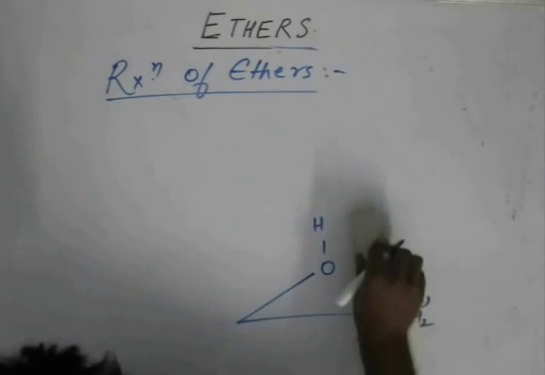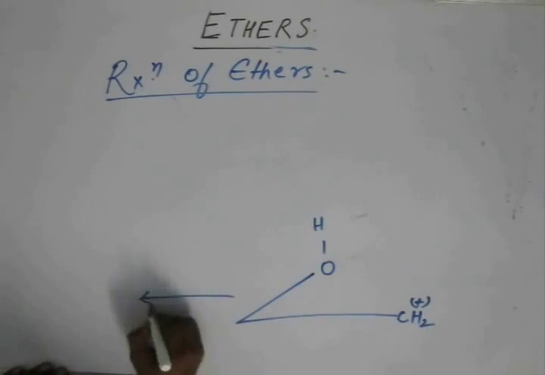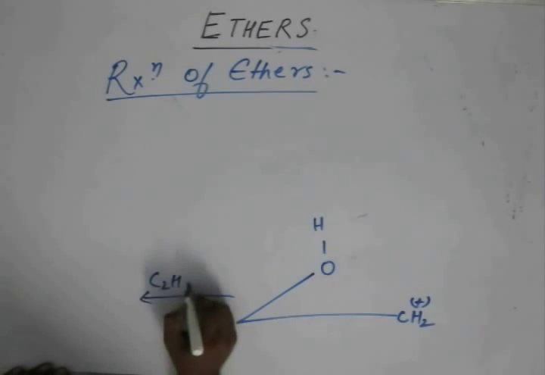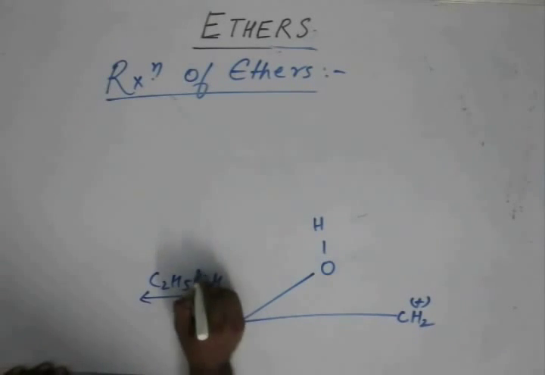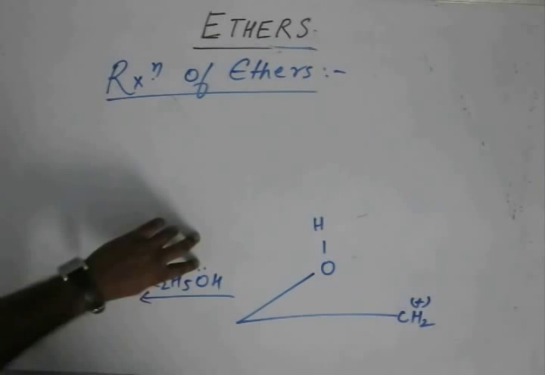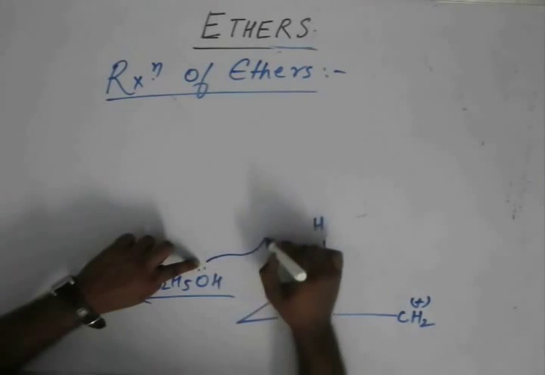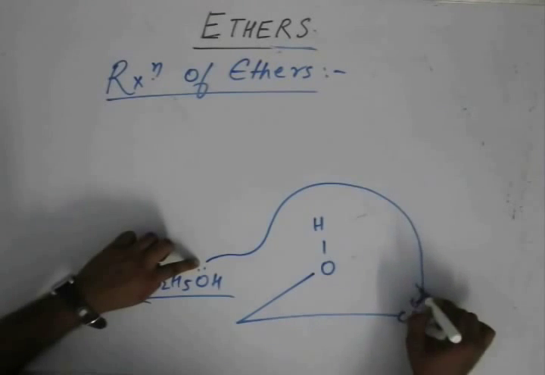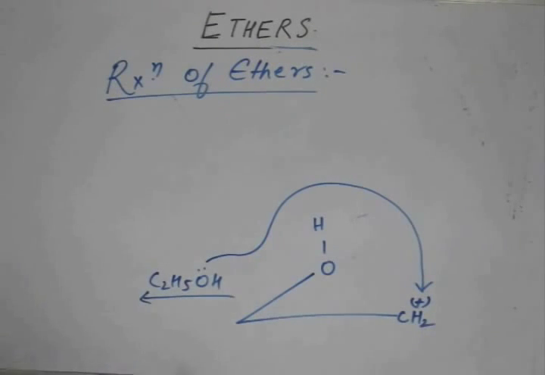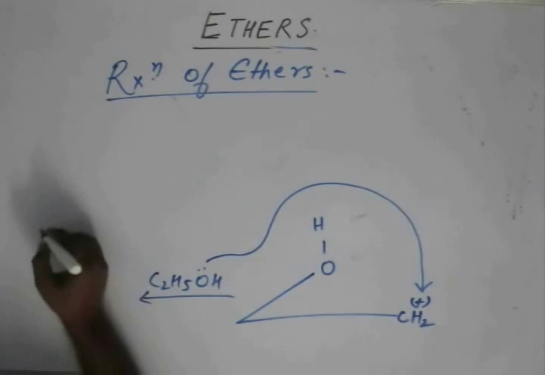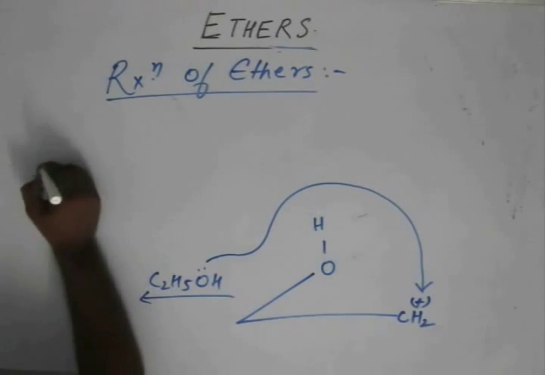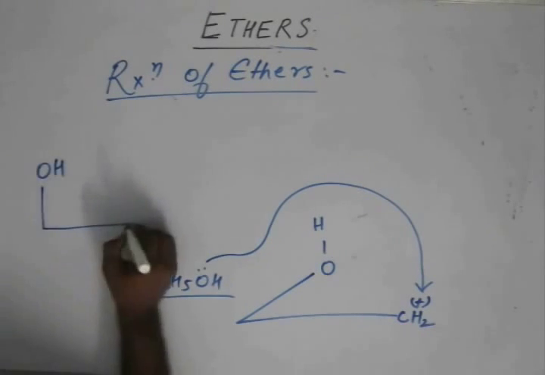Fine. So we have now in the solution C2H5OH. Now the electrons on the OH oxygen atom will attack the plus charge of the carbon. Alright, so we are left with OH.